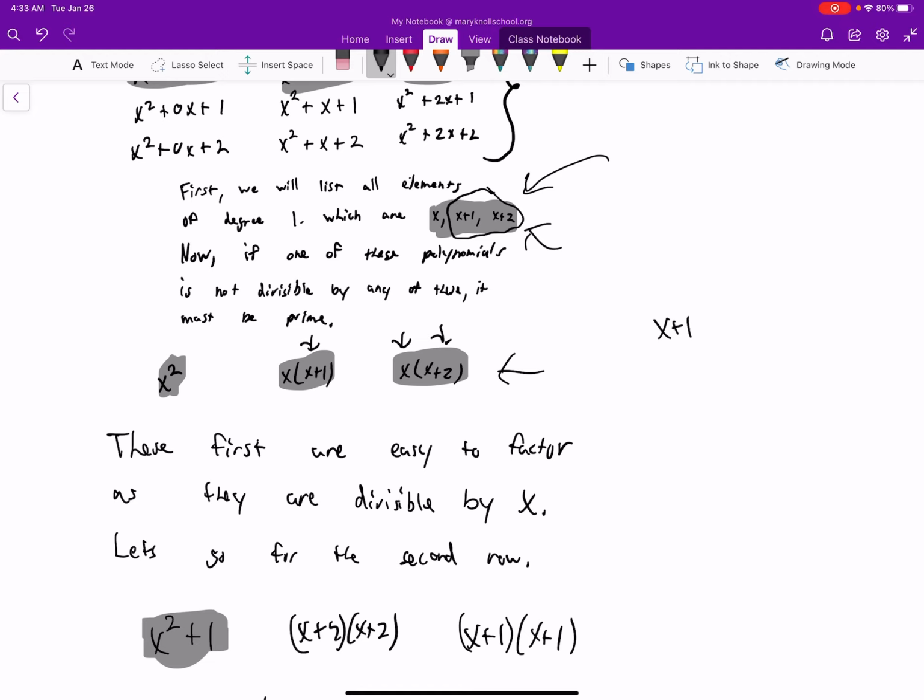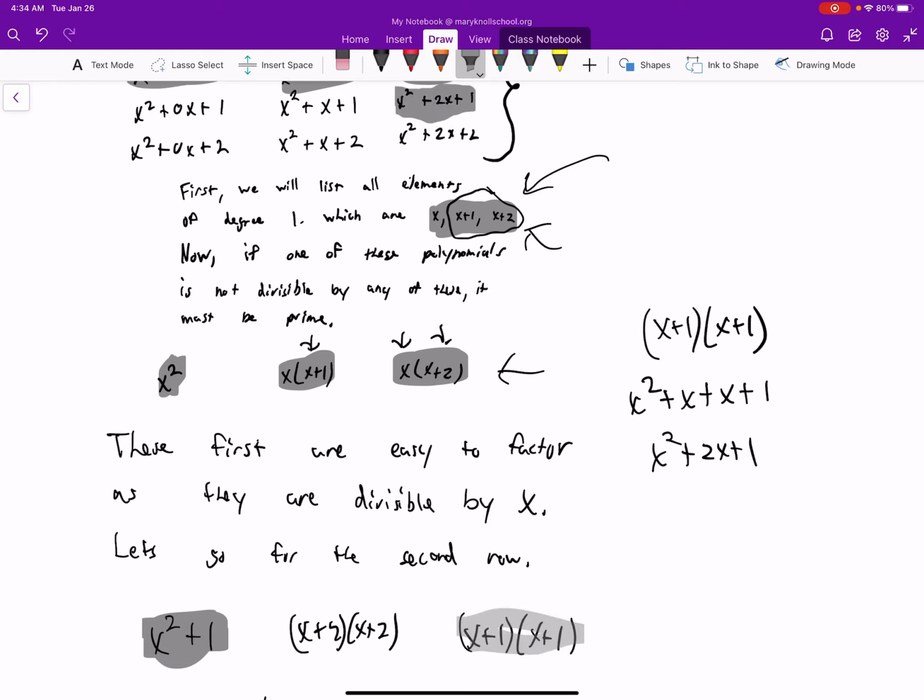So x plus 1 times x plus 1, multiply that out, and you get x squared plus 2x plus 1, all in Z3. Now we can just go and find that really quick. x squared plus 2x plus 1. That's going to be right here. And so there we go. It's right here. And we can keep going like that.